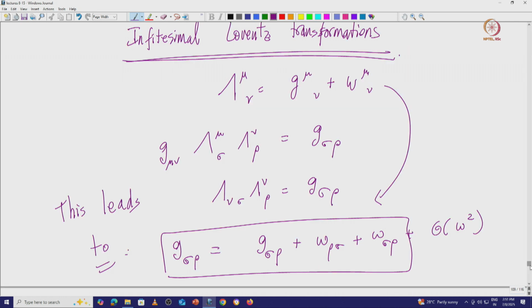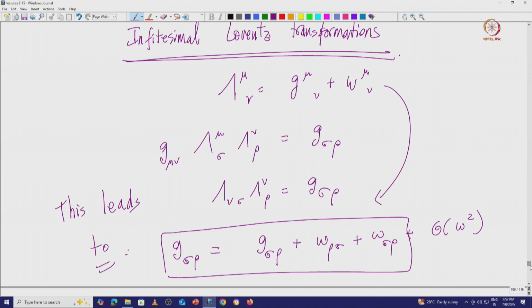So we have a small modification with respect to eta mu nu, or g mu nu, which is the metric tensor, and we impose the condition that the metric tensor is invariant under Lorentz transformations. We have that this omega mu nu is a small modification to the eta mu nu, or g mu nu.